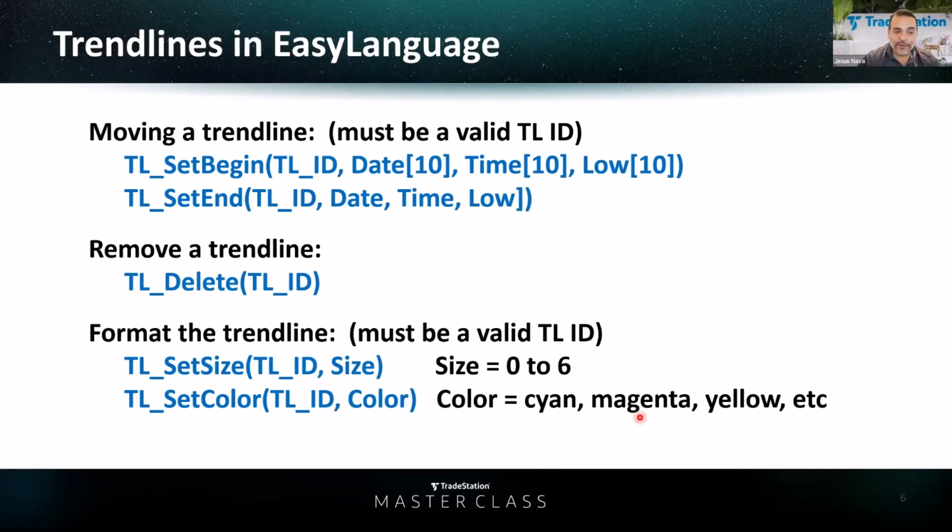For example, the color Cyan, Magenta, Yellow, they exist as words. But if you want to get a little bit more fancy and have access to the million colors that exist in the Windows operating system, you can use the RGB function that allows you to set an RGB combination to set the color. But many colors exist as words like White, Red, Yellow, Magenta, Blue. So all those colors you can just type in the word.